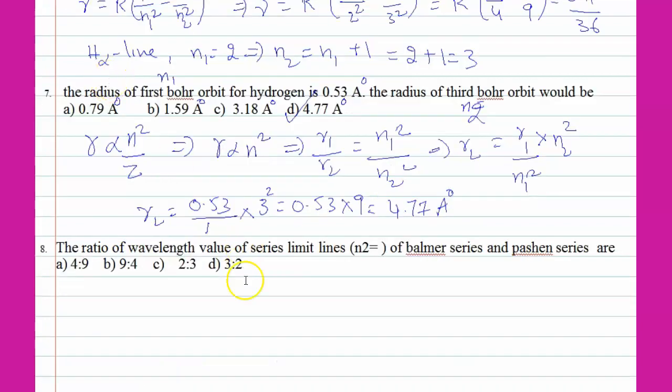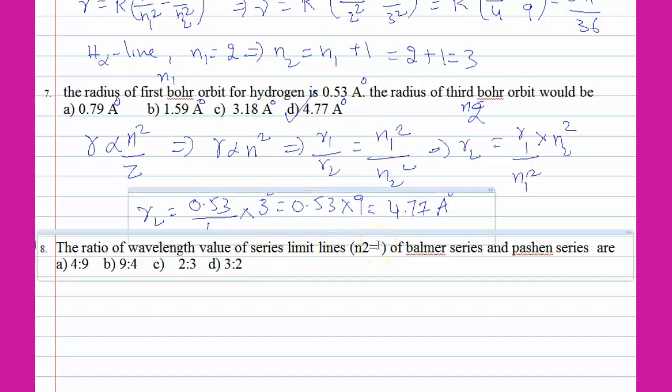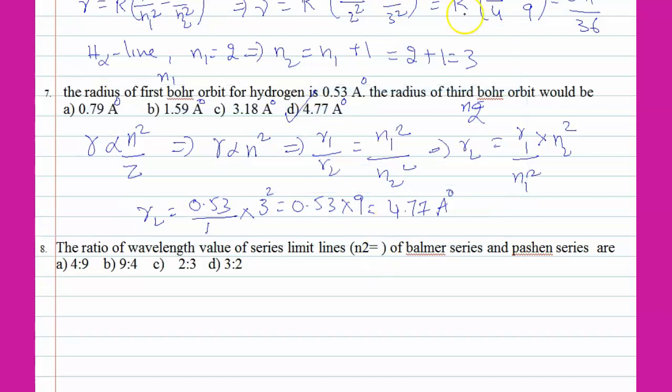The ratio of wavelength values of series limit lines, n2 equal to infinity, of Balmer series and Paschen series are?